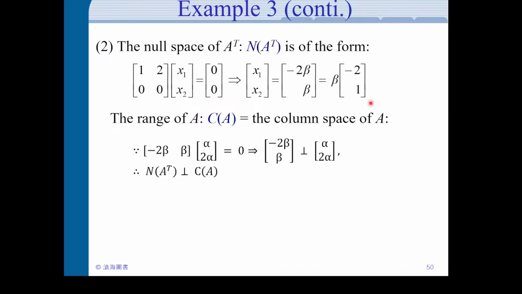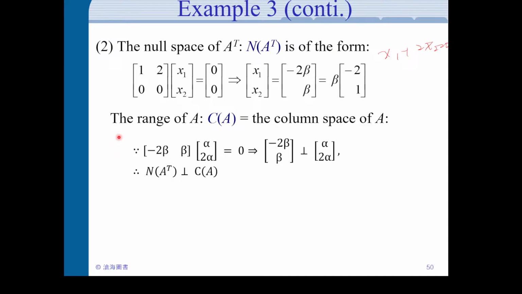Let's write down a bit of the middle calculation. So x1 plus 2x2 equals 0. We can pick x2 equal to any beta, and x1 will be minus 2 beta. And so we have the null space being beta times (-2, 1).